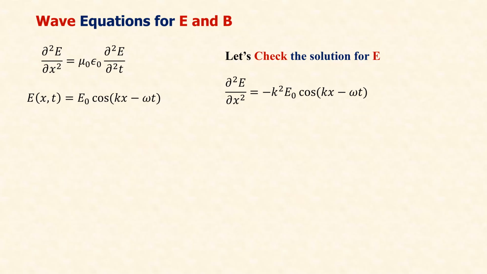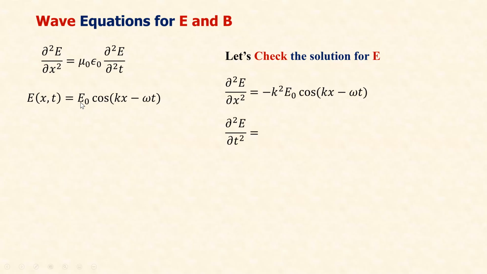And if you take two derivatives with respect to T, what do we get? The first derivative with respect to T gives you a negative omega, and the cosine becomes negative sine, so it becomes positive omega E naught sine of this expression. The second derivative gives you negative omega, and then sine becomes cosine.